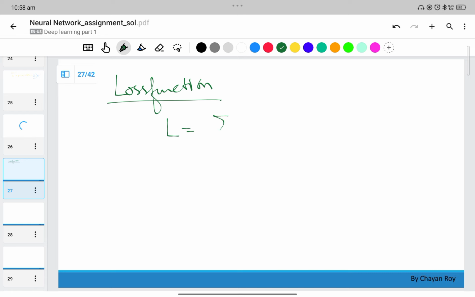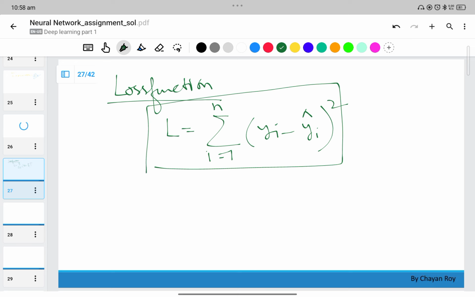The loss function is defined as the sum over i equals 1 to n of (yi minus yi hat) squared. This is a square loss function. What the loss function does is give a quantitative number for how far we are from the actual output we are hoping for.